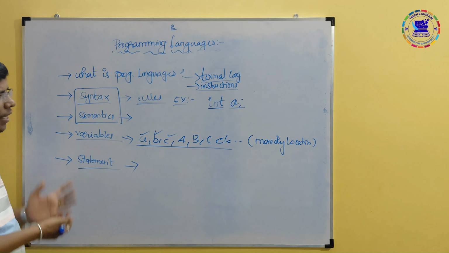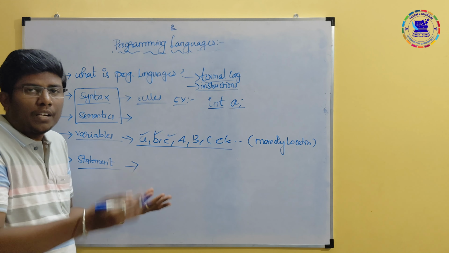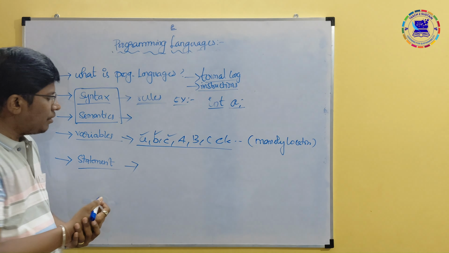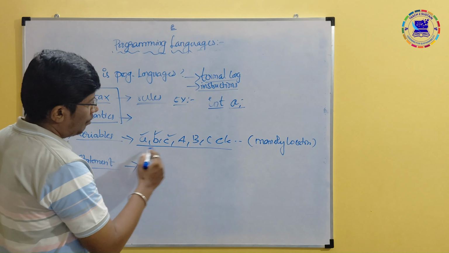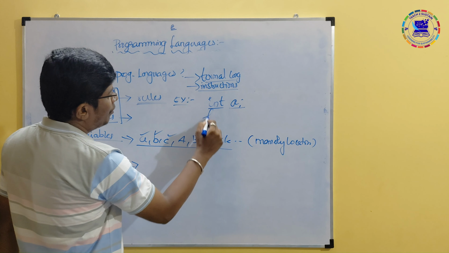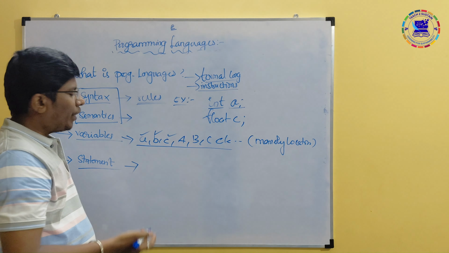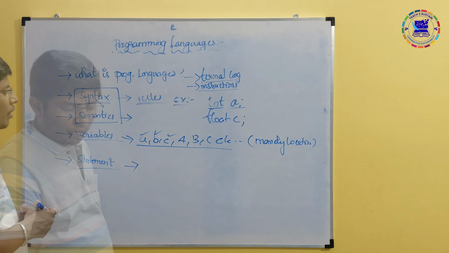What are the characteristics of a variable? It stores values temporarily. It has a name that is called an identifier. It can hold different data types. For example, you have seen int a, then float c. Values can be modified at any time.